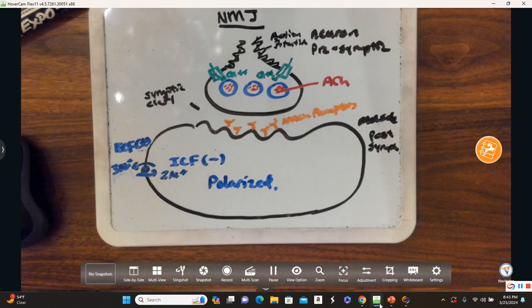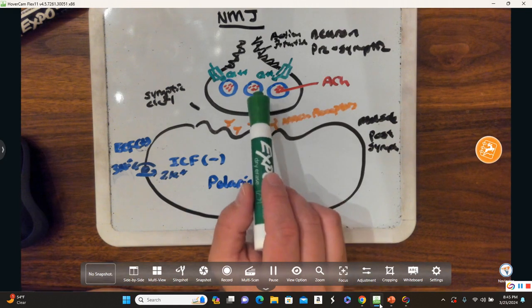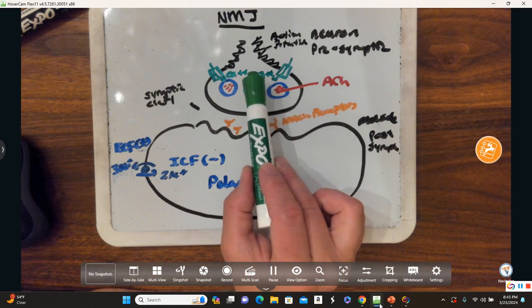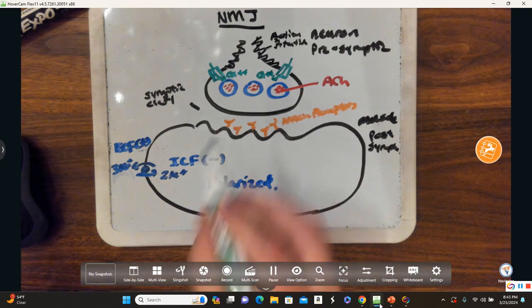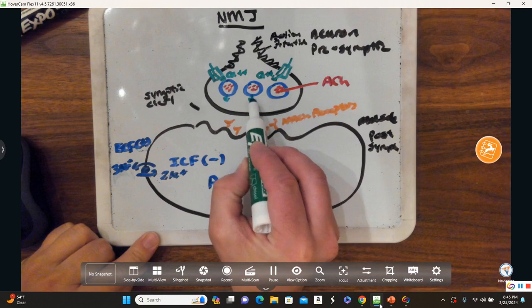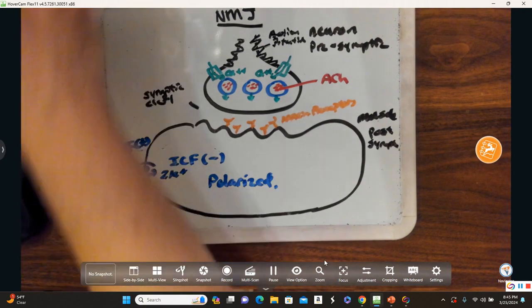And this calcium comes in. Now, I like to think of it this way. Think of these vesicles with acetylcholine as prisoners, and we have now snuck a file in the cake so the prisoners can escape. This calcium will allow these vesicles to be released.